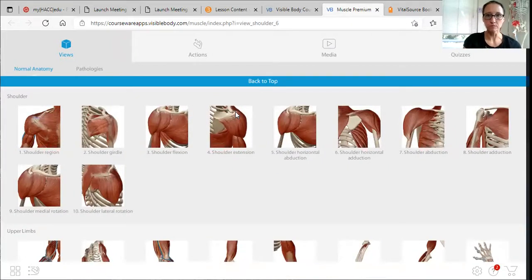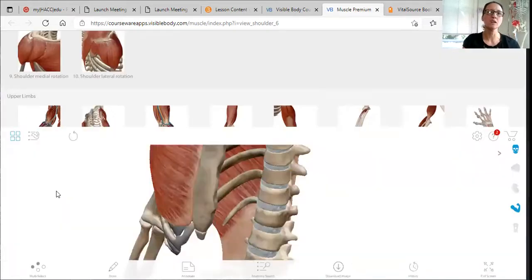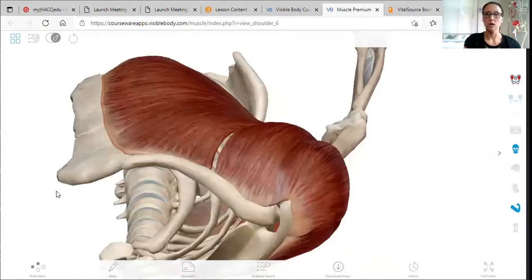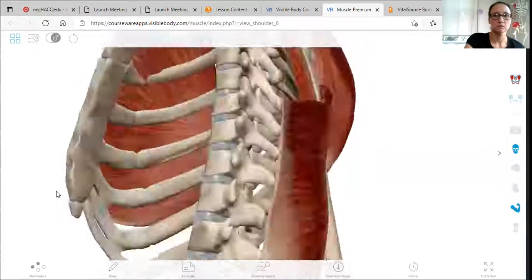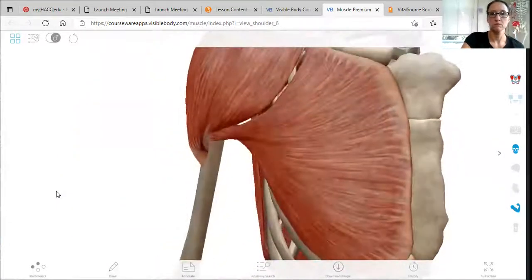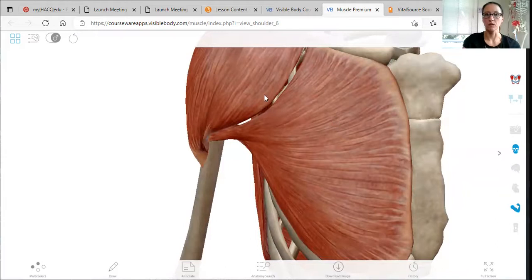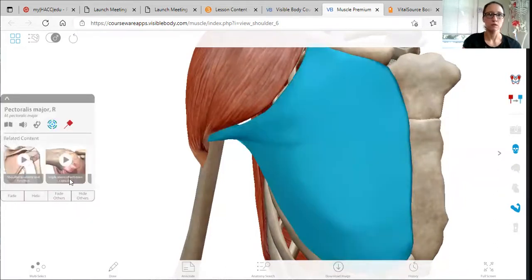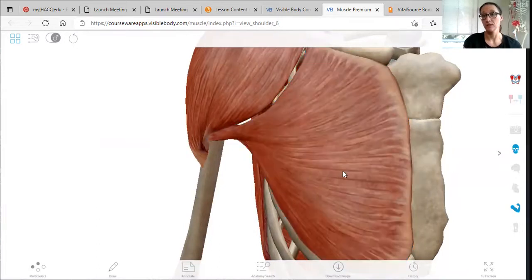So we had shoulder flexion, pardon me, shoulder medial rotation. Why is that upside down? That's weird. Okay, so shoulder medial rotation, you can see, is provided by anterior deltoid and pec major, right?